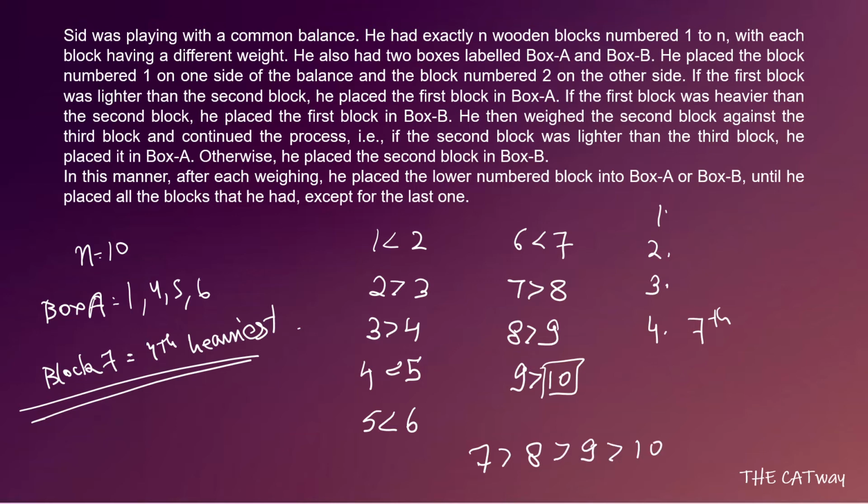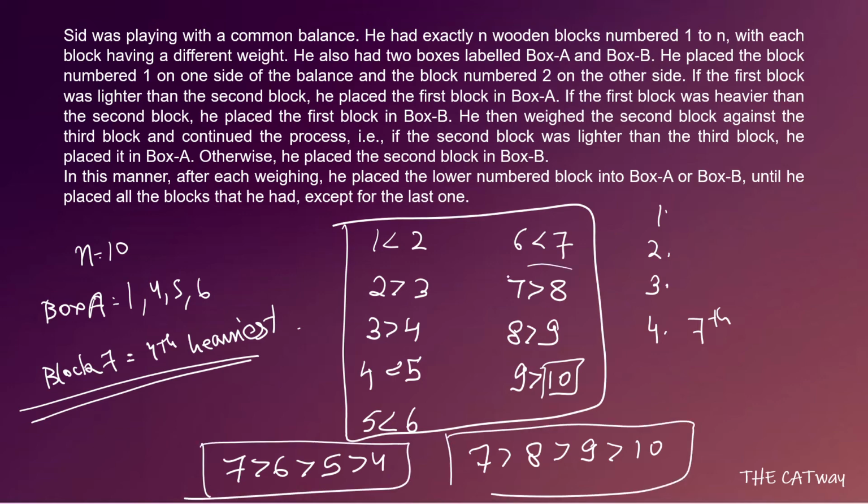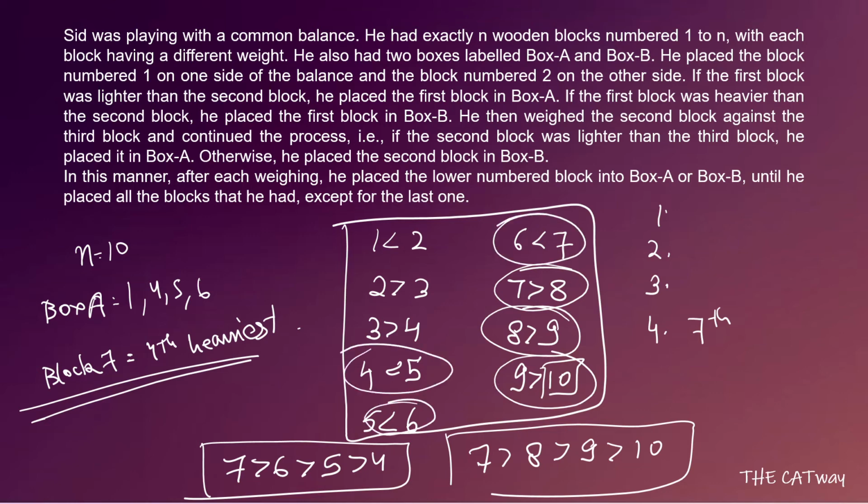We know that 7 is also heavier than 6, and we also know that 6 is heavier than 5. We also know that 5 is heavier than 4. These are the things which we are certain about. When we combine all of this, these are the relations which we get: 7 is heavier than 8, 8 is heavier than 9, 9 is heavier than 10, 7 is heavier than 6, 6 is heavier than 5, 5 is heavier than 4.